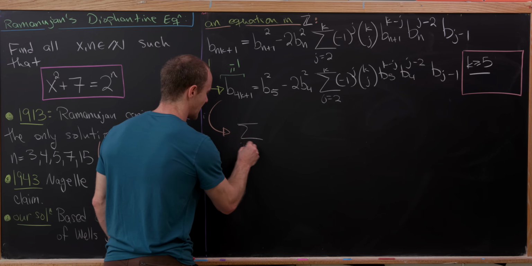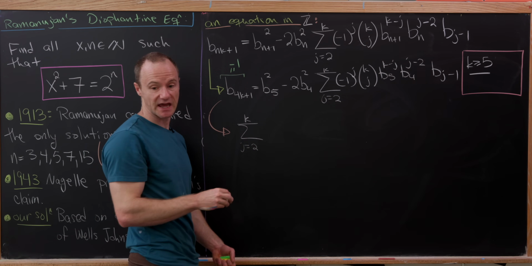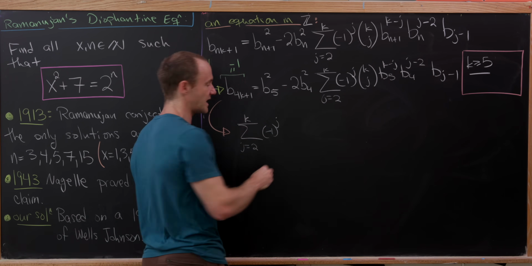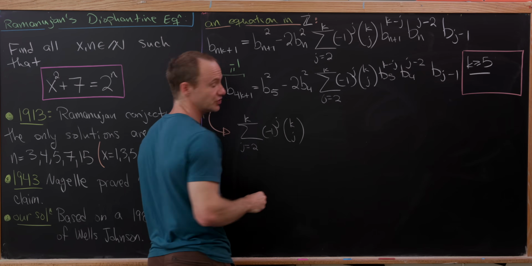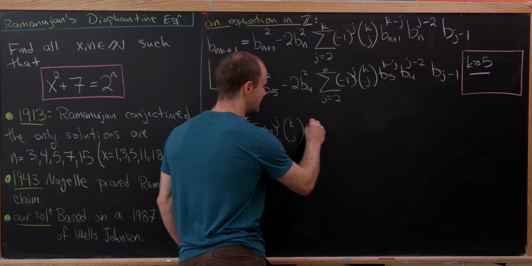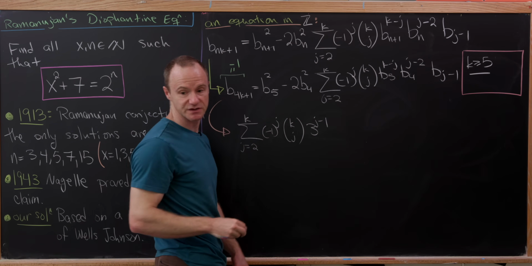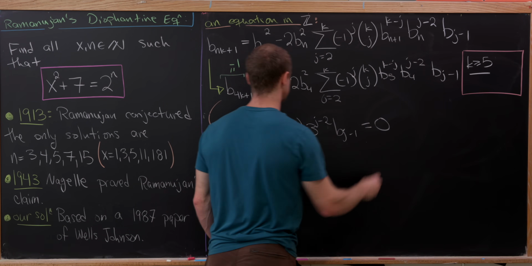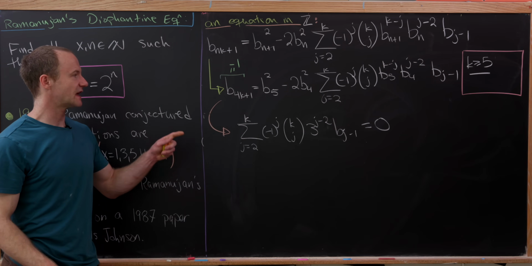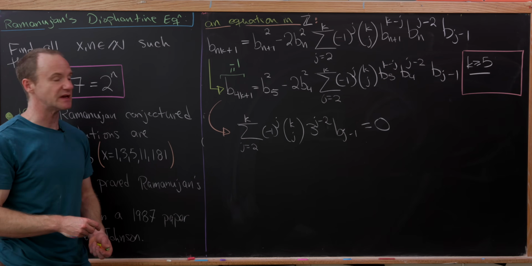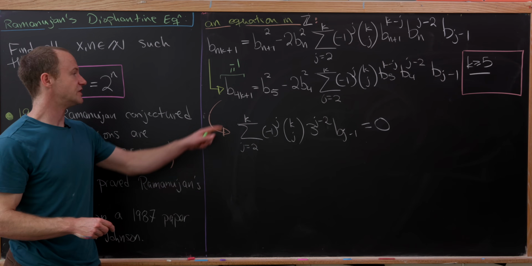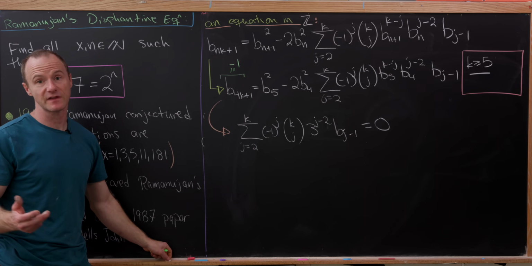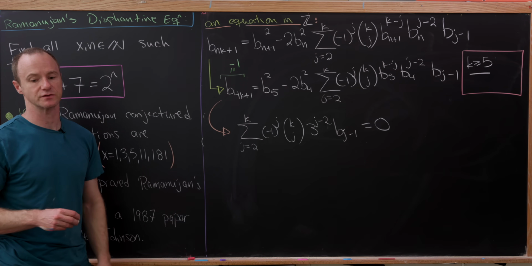And that is the sum as j goes from 2 to k of -1 to the j, and then we have k choose j, and then 3 to the j minus 1, and then b sub j minus 1 is equal to 0. So again, that's from plugging in the values of b4 and b5, and then using the fact that we know that b sub 4k plus 1 is -1, given the fact that that gives us one of our solutions.